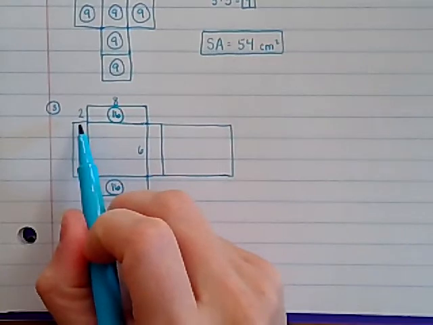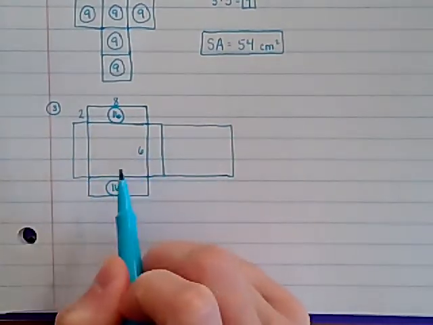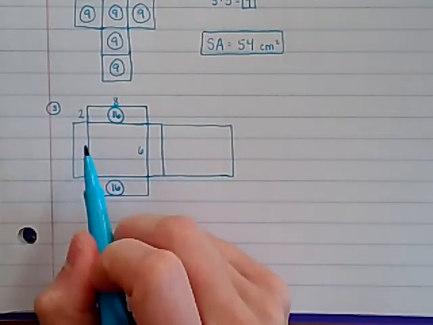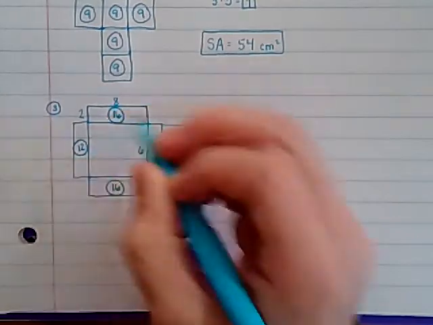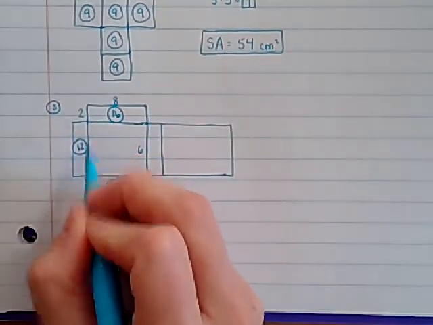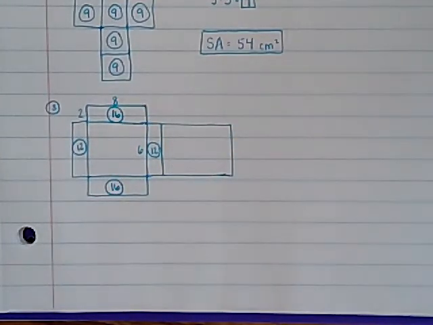This short side right here is still 2, but this side matches this side, which is 6. So the area of these two rectangles is actually going to be 12 because these two sides are 2 and 6. Okay, so you got to be real careful with that before you go assuming that they're the same.